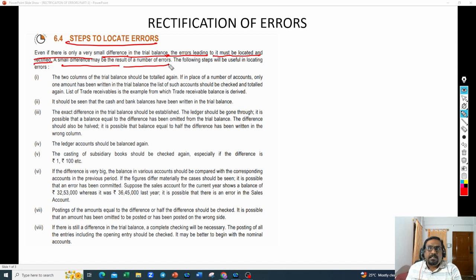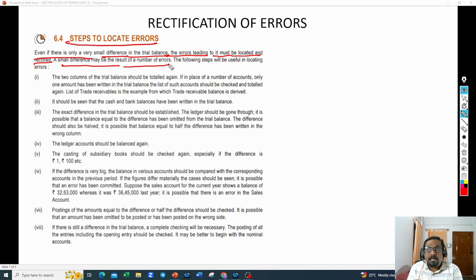You should never do that. Even if the difference is very small, it may be because of so many transactions. Maybe 10 transactions clubbed together led to a 1 rupee difference. It doesn't mean the difference is because of only one transaction of 1 rupee. It is a combination of so many errors. Suppose there are 10 errors or 15 errors, but the result would have been 1 rupee.